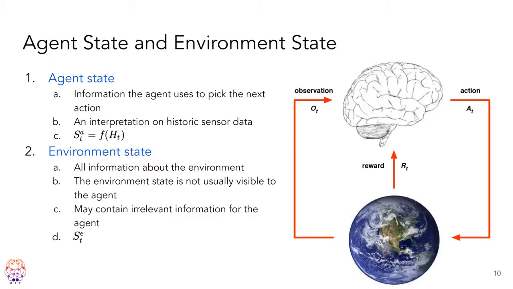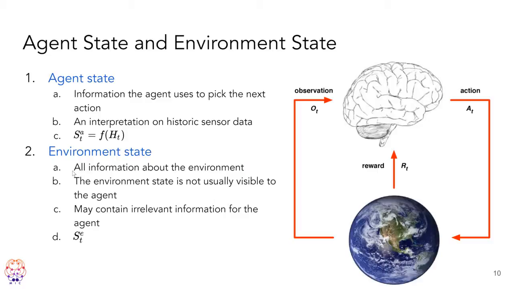Like we unconsciously see around the world, and we produce some kind of state in our own minds, like what are the values of my hand positions? And we use that to produce different actions. So, like I said before, it interprets data. So the agent state is used for the agent to predict something.